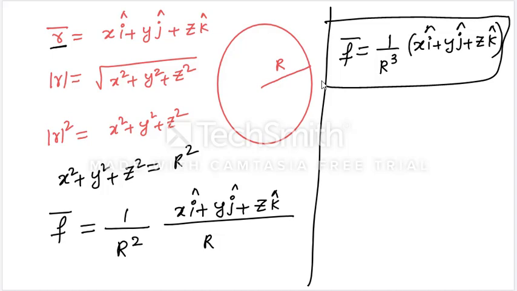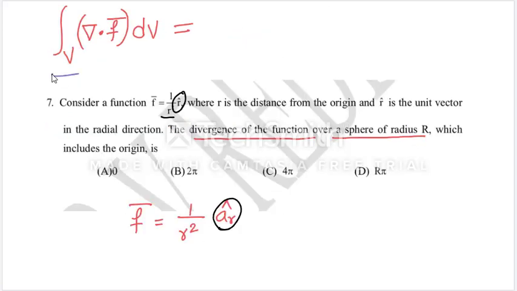Now what should we do here? What are they asking me to find? Divergence. Now tell me the divergence here. Divergence of this F is 1 by r cube into 3. Next we should do the volume integration.